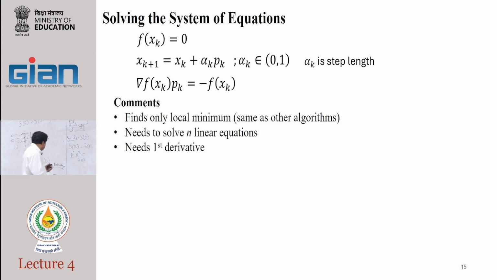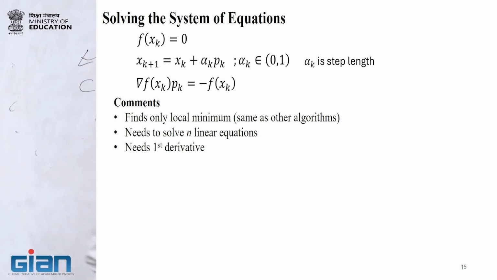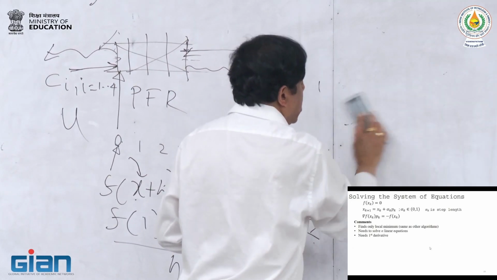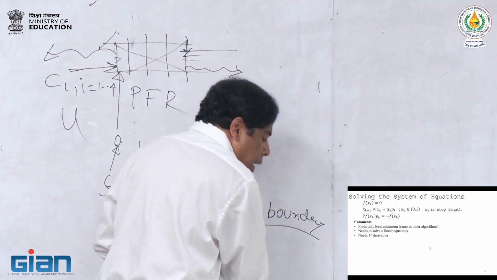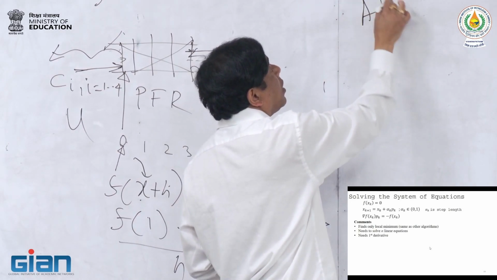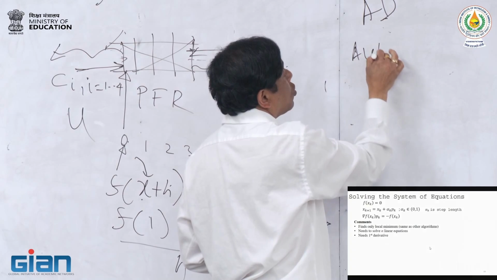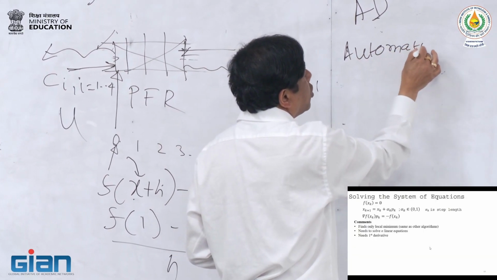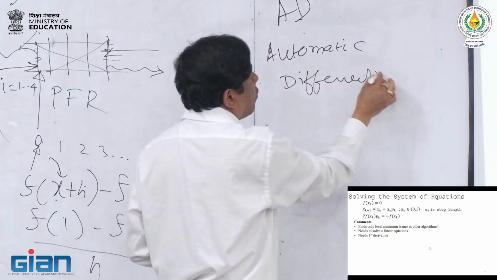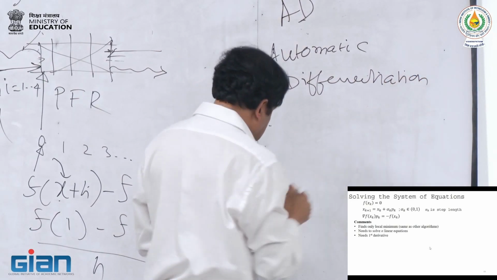If you're interested, read this. I'll not get into that more here, but Aspen does not employ that. Automatic differentiation is an approach by which you can calculate the derivatives.